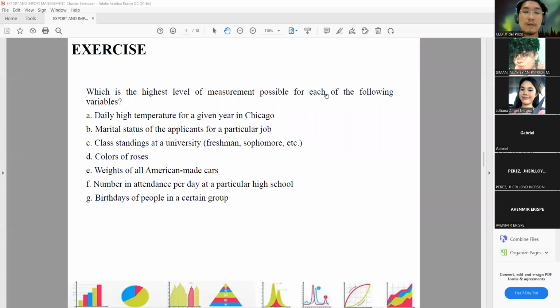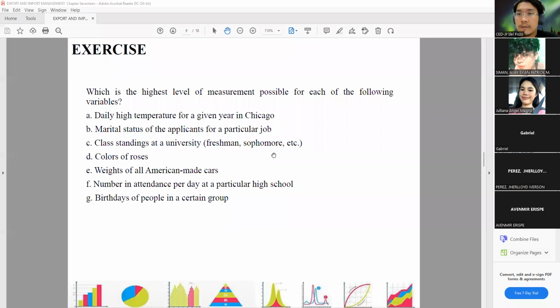Number in attendance per day at a particular high school. Discrete, yes. And birthdays of people in a certain group. And in letter G, birthdays of people. Discrete. Anymore?